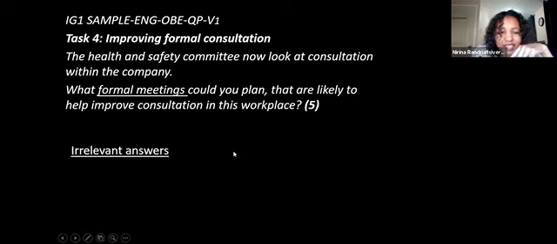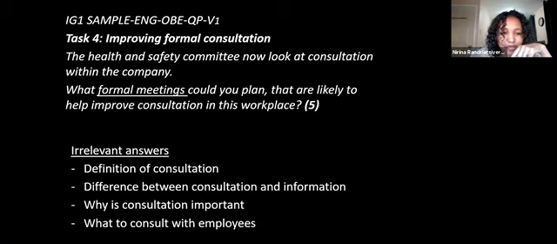What do you think are examples of irrelevant answers in this one? Some of the answers that I've seen: some people would define what is consultation. That is not required. You won't get any marks from that. That's also the problem with irrelevant answers. It gives you a false sense of security because you look at your answer, it's very, very long, and you're happy because you think you'll get the full mark.